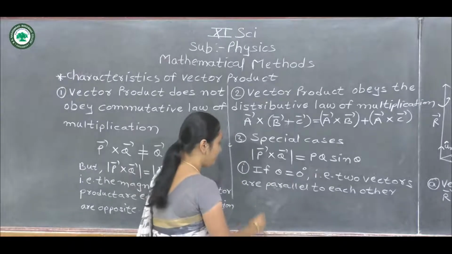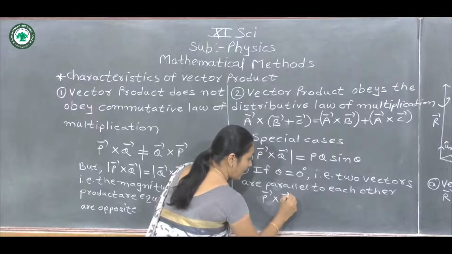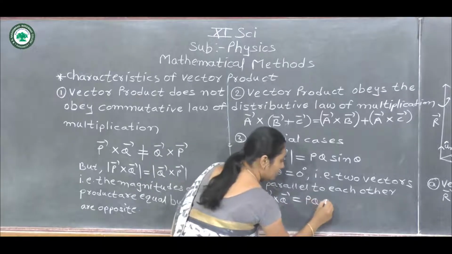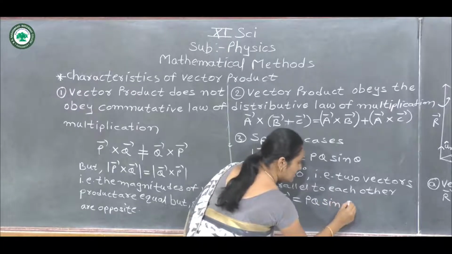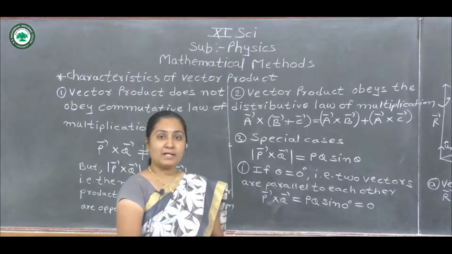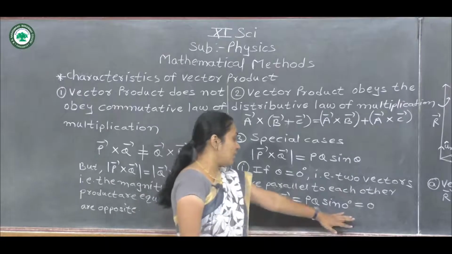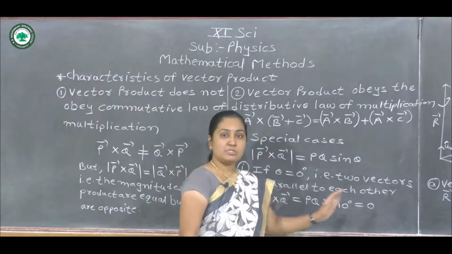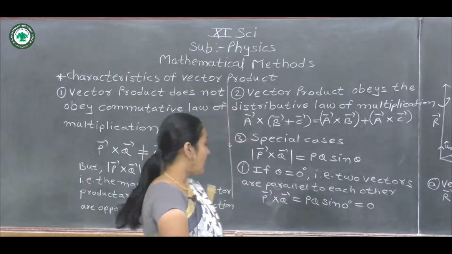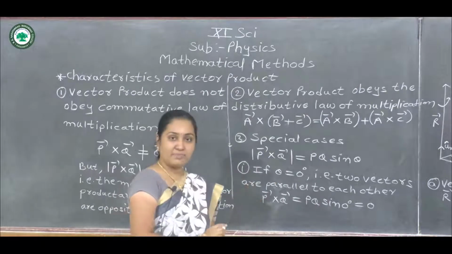So we have P bar cross Q bar is equal to PQ sin 0 degree, which is equal to 0, because we know that sin 0 degree is 0. So 0 into PQ gives 0. So this is the first special case. Now similarly we will study the second and third special case.